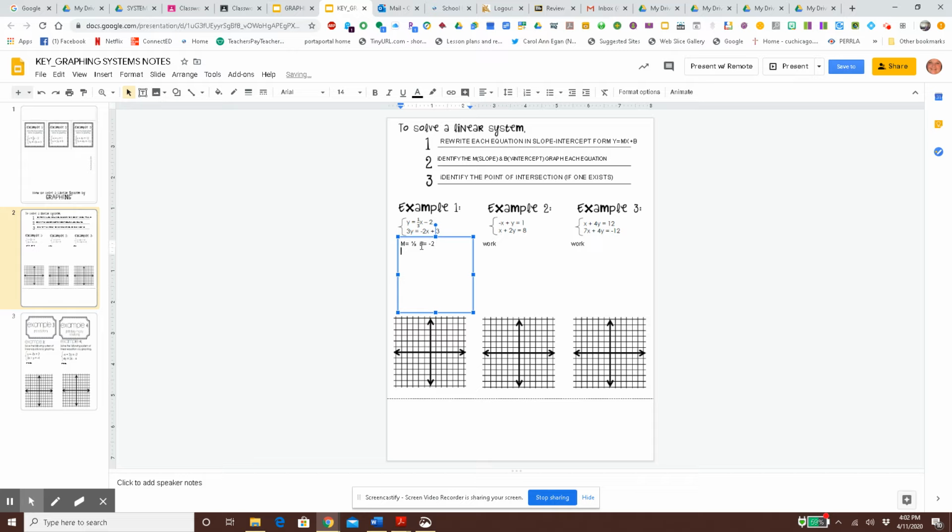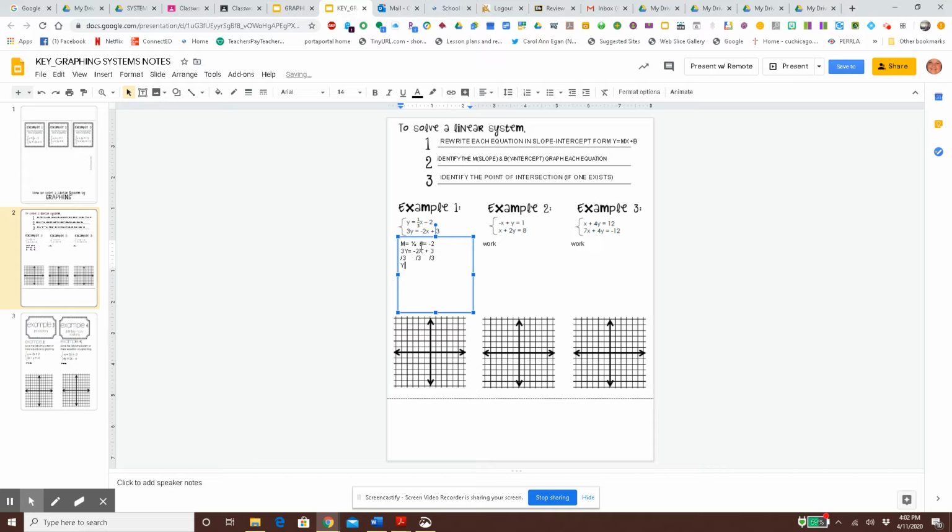Second equation I'm going to have to change. So 3y equals negative 2x plus 3. In order to convert it, I'm going to have to divide every term by 3.